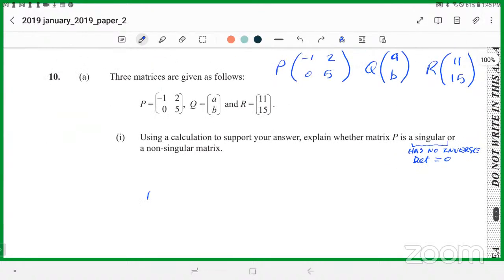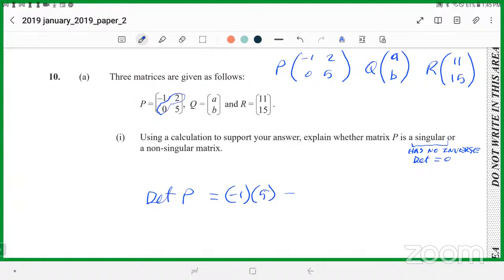So the determinant of P, supported by a calculation. You have to show the calculation. What's the determinant equal to? The first diagonal product here, the product of those two values, which is -1 times 5, minus the second diagonal product.